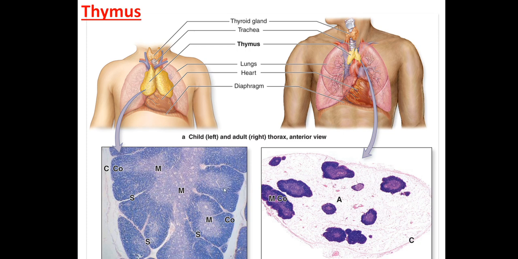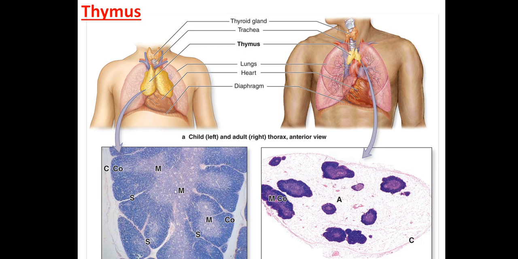This is the first lobule, this is the second lobule, this is the third, and so on. Each lobule consists mainly of two layers. The outer layer, more darkly stained, is the basophilic cortex, which surrounds the more lightly stained medulla.